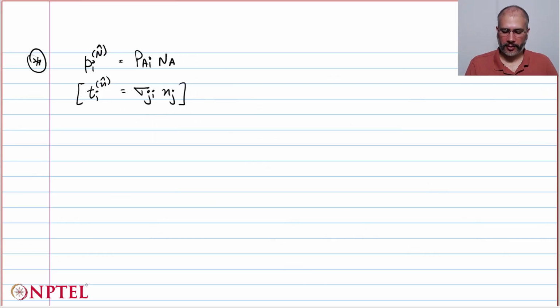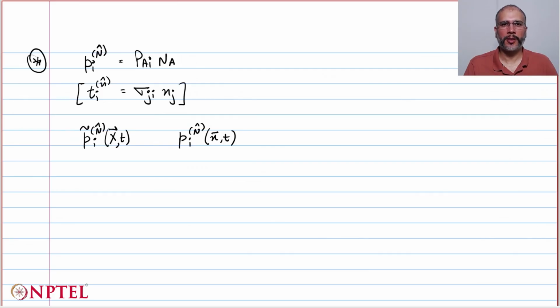Now you may notice that sometimes I write a P with a tilde on top and sometimes I do not write a tilde. So strictly speaking, a tilde means that this is a Lagrangian description, and a lack of tilde means it's an Eulerian description. But since this PK1 stress tensor is used for writing the Lagrangian form of the equations, almost always it has a tilde on top of it.